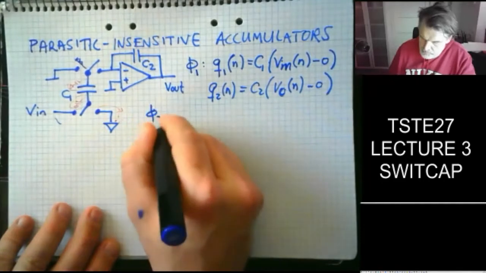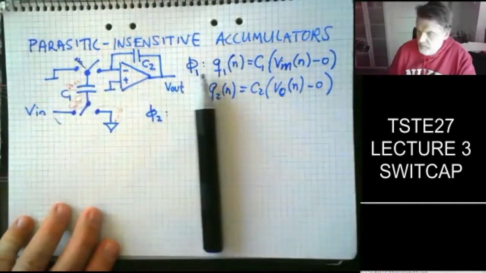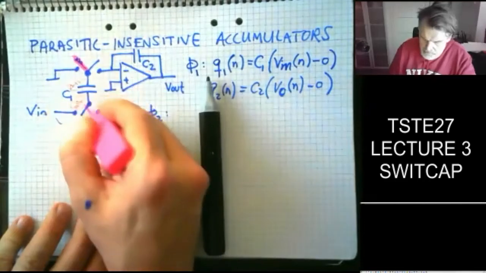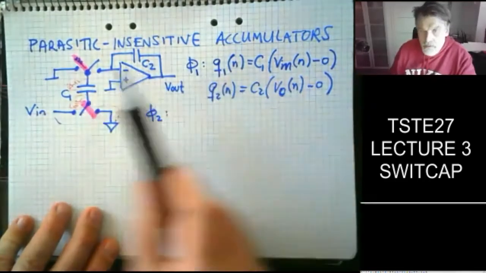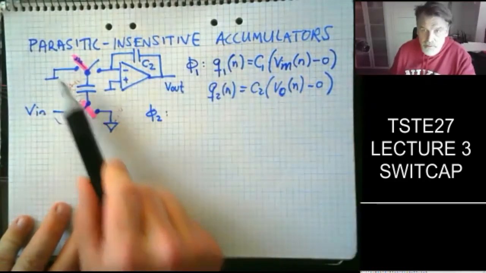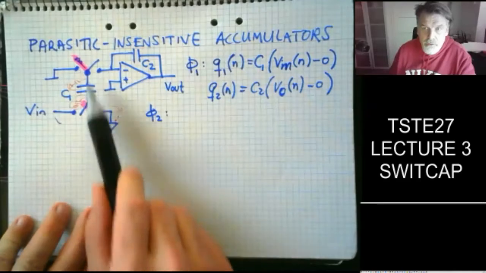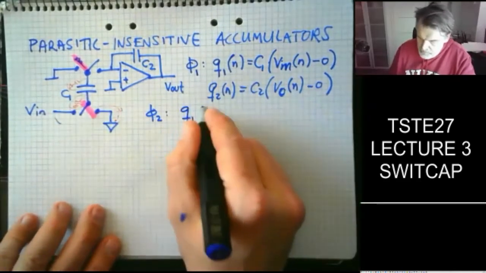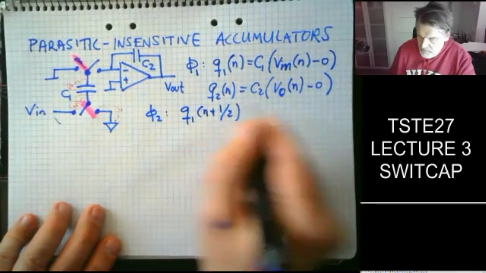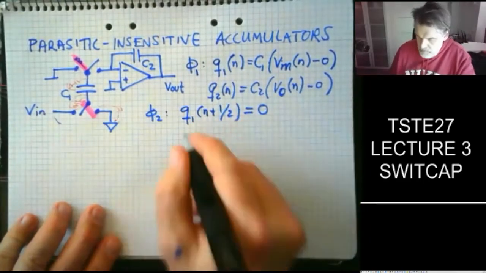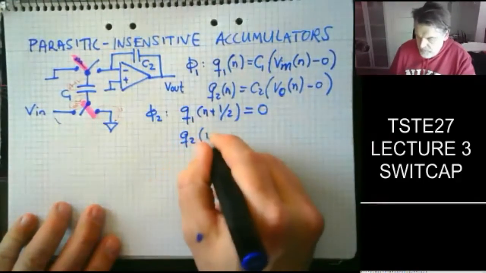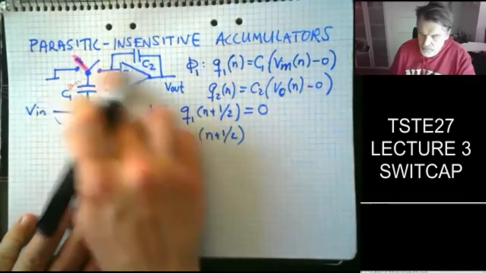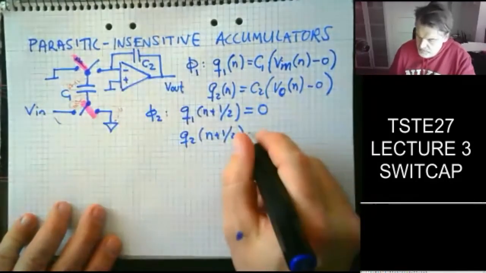Phi 2, we have now switched the switches to this case and that case. Now the capacitor C1 is connected between ground and ground, so we're going to flush C1. So Q1 of n plus a half is 0. Q2 of n plus a half: this switch is pointing here, nothing has changed for C2.